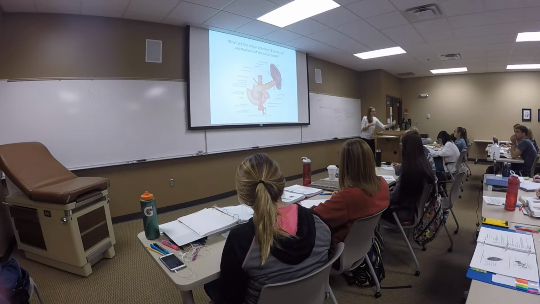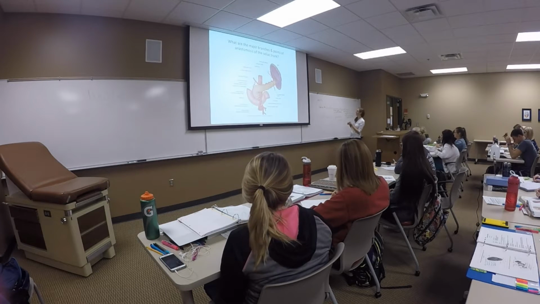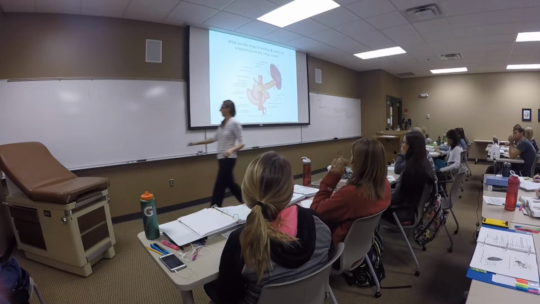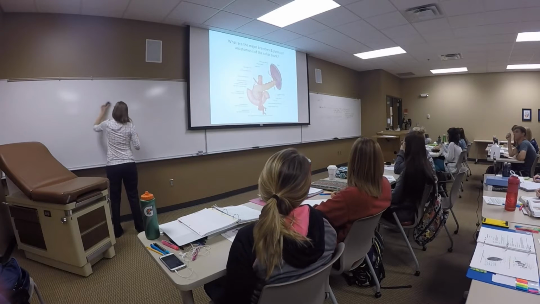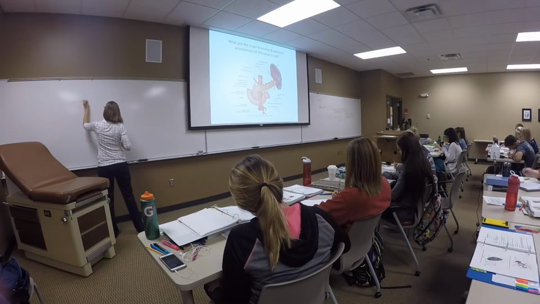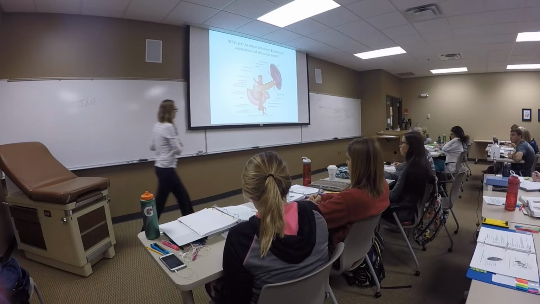Okay, is this really blue? I think so. Okay, so then, let's go over this side more. It'll make it more interesting. Okay, so for the IMA, we have several branches off. What are some of the major branches of the IMA?